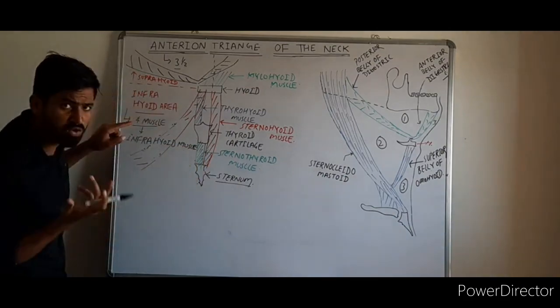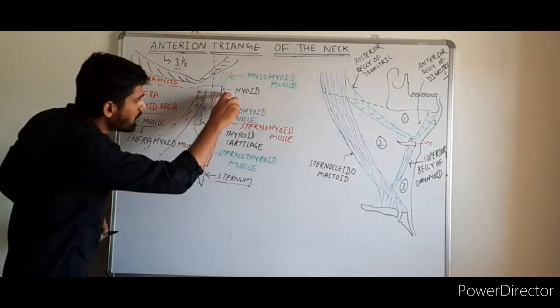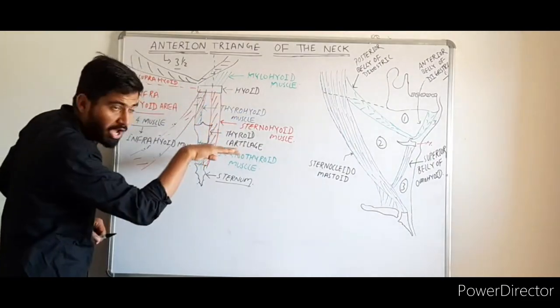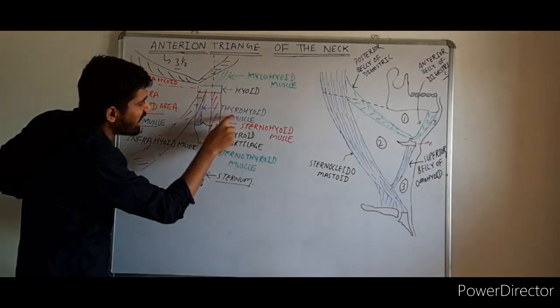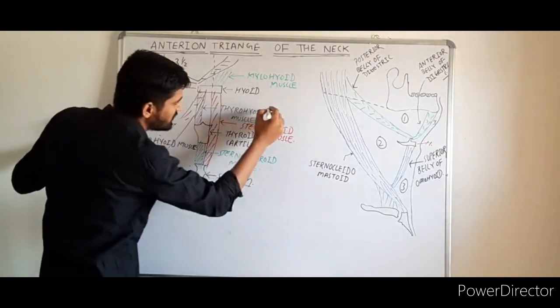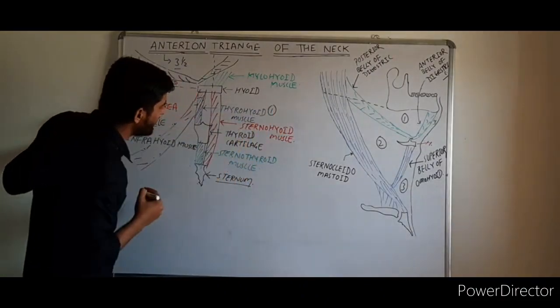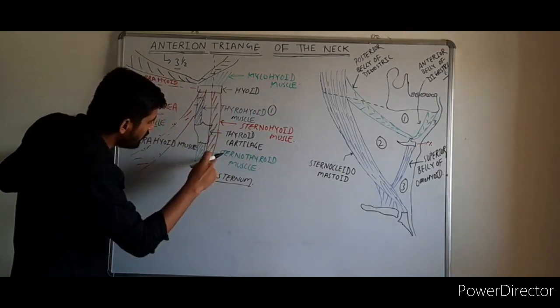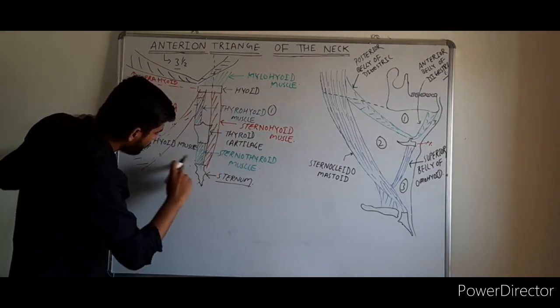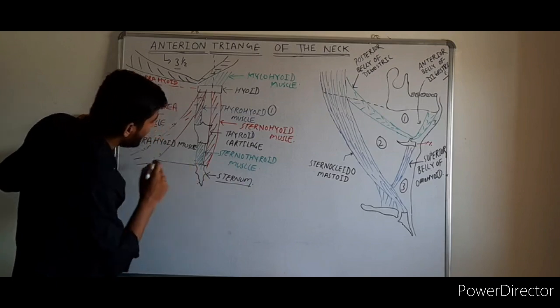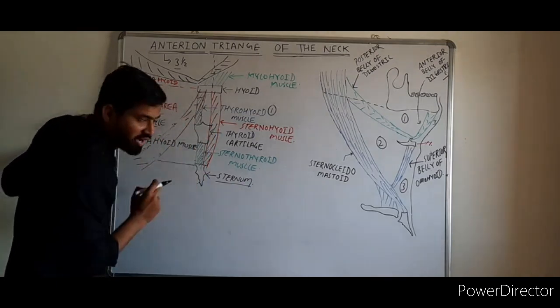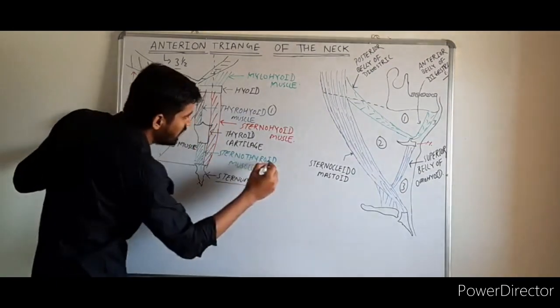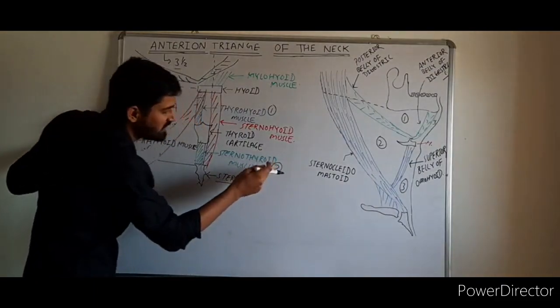So which four muscles? Below the hyoid, the first muscle is the thyrohyoid. The second is also below this, and this is our landmark. This area is called the infrahyoid muscles. So this is also coming in the infrahyoid area.